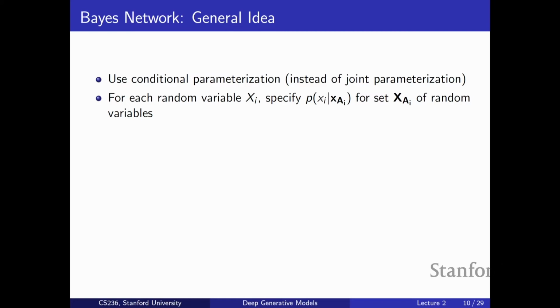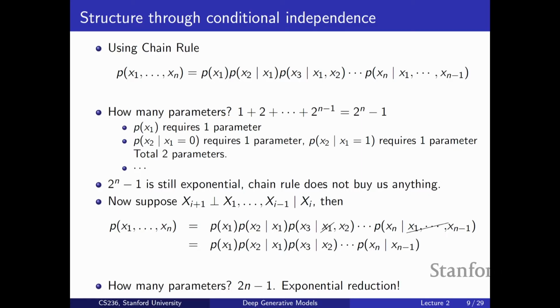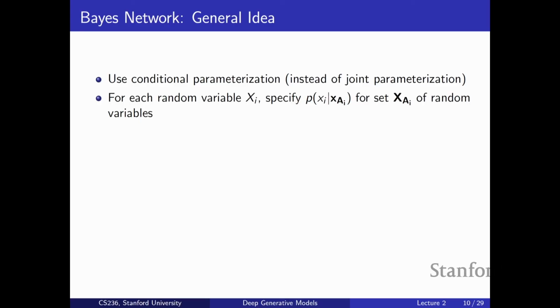The basic idea is, again, that we're going to write down the joint as a product of conditionals, but instead of having these simple conditionals where it's always one variable given another variable, we're going to use conditional distributions where the ith variable will depend on another set of random variables, which are the parents in this Bayesian network.